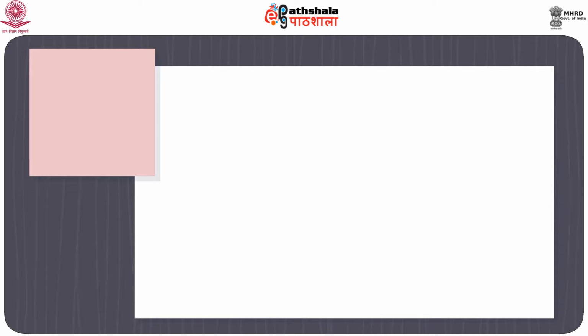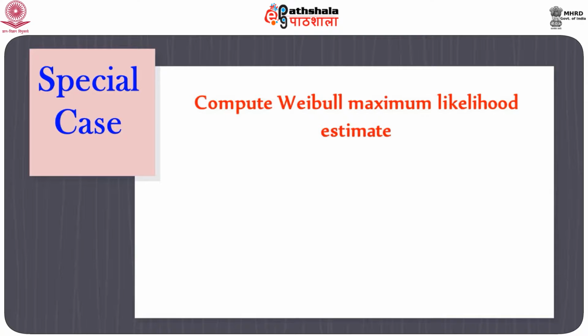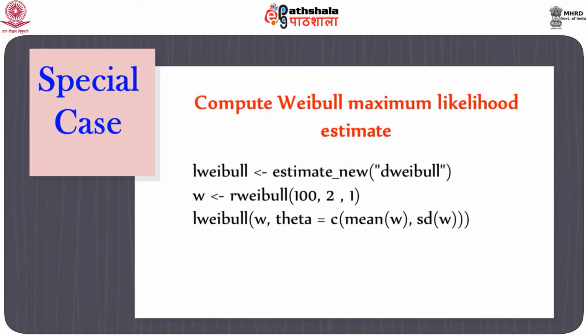So, let us consider a distribution which we often come across during lifetime studies. Here, the function L-Weibull computes Weibull maximum likelihood estimates. Here we have generated a sample of 100 data points from the Weibull distribution with parameters 2 and 1.